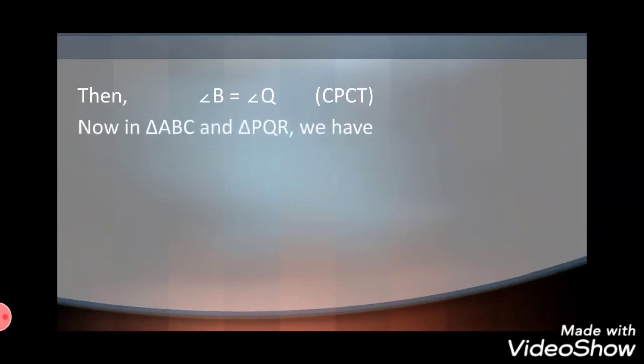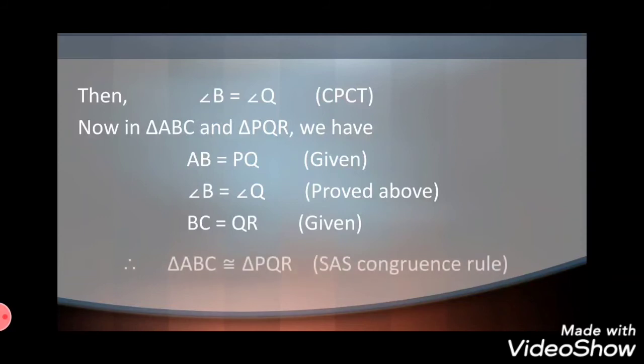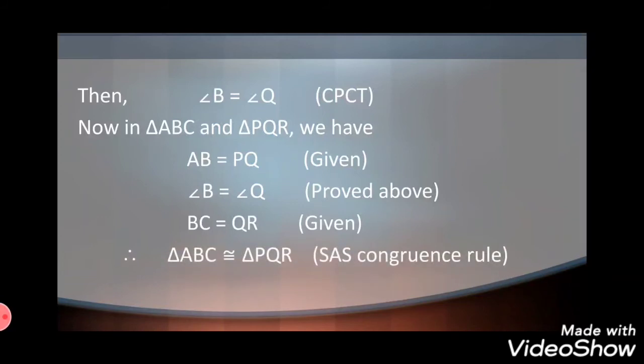Now in triangle ABC and triangle PQR, we have AB equal to PQ, which is already given. Angle B equal to angle Q, this we have proved above by CPCT, and BC equal to QR, already given. Therefore triangle ABC is congruent to triangle PQR by SAS congruence rule.